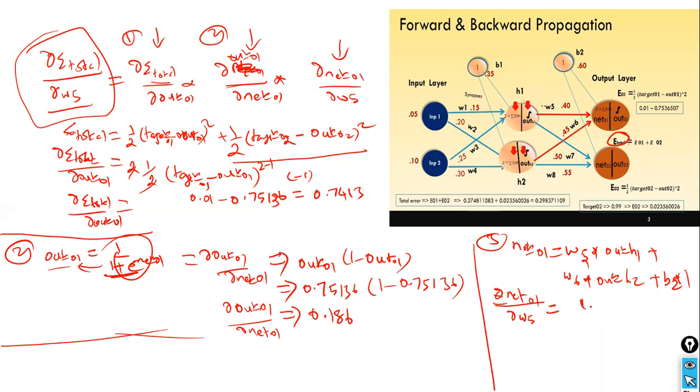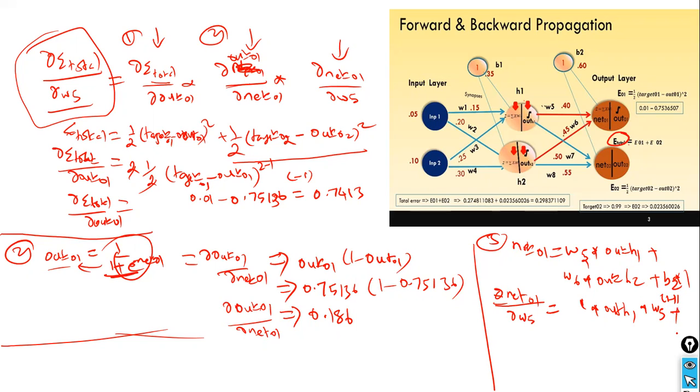And into out H1, out H1 into W5 to the power 1 minus 1. Chain rule, and the power rule also comes into picture. So here the W5 to the power 1, the 1 will come here, W5 to the power 1 minus 1, and then out H1.